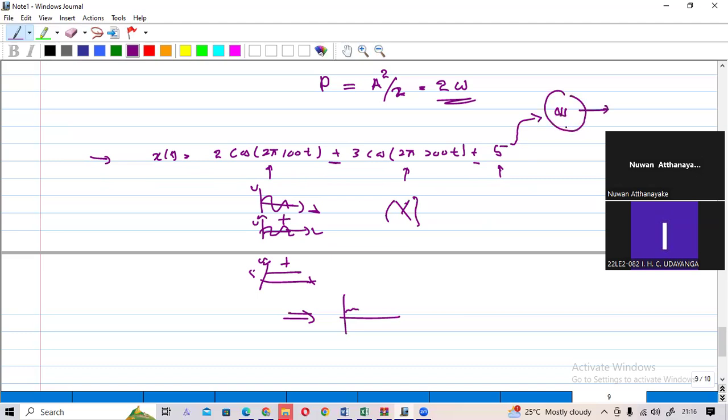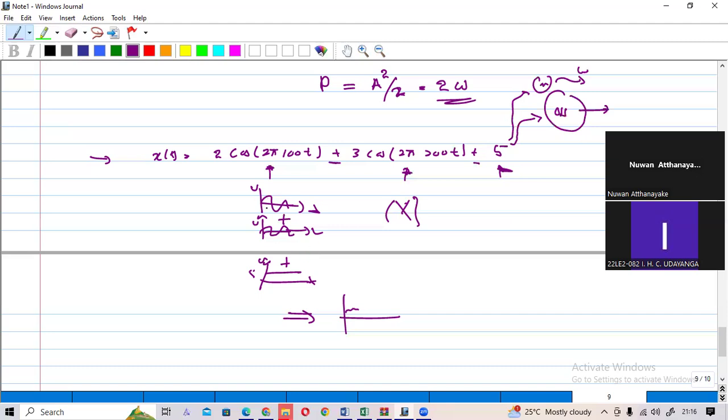You can check this, and also you can code this in MATLAB very easily, and using MATLAB you can view the signal. But if you draw by hand, it will not be easy, because this signal you can draw, this signal you can draw, no problem, this signal also you can draw, but you have to add them together. Adding will be very complex.